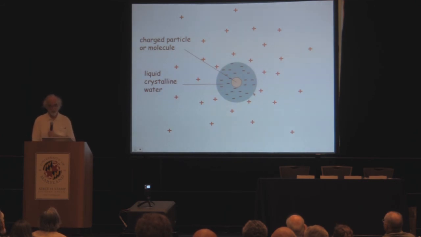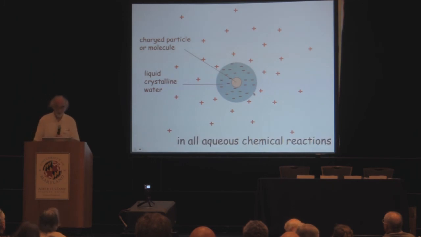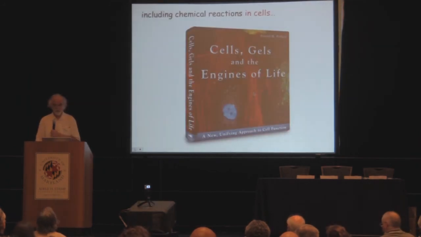The textbook says that what you really have is just this, and maybe 1 or 2 neutral water layers. What I've shown you, if it's true, is so very different from what the textbook says that you really need to reconsider many of the results that occur in aqueous chemical reactions, not only in the laboratory, but also in the cell, because this kind of water, described in my 2001 book, just fills your cells.